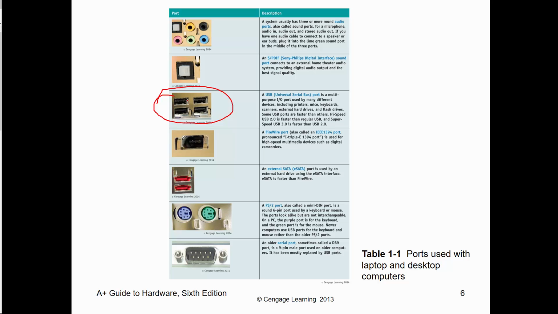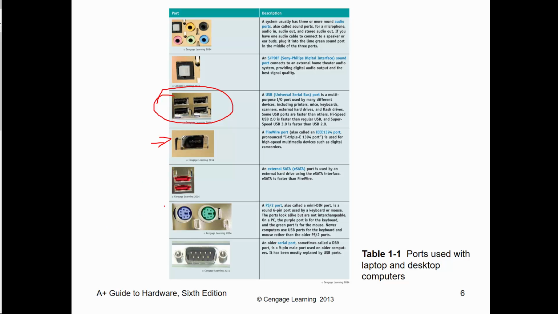If they were blue, they would be USB 3, but because they're not blue, they are not USB 3. Next is FireWire. Notice the shape. That's very rarely tested on, but sometimes. eSATA or external SATA, very similar to USB, but used for storage devices.